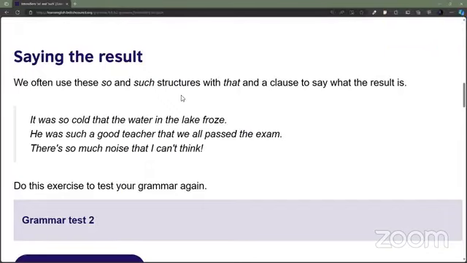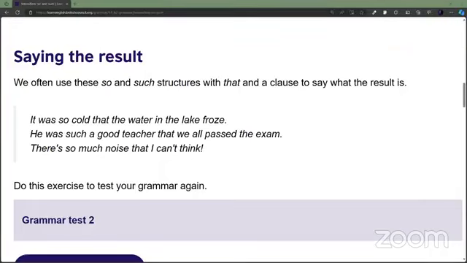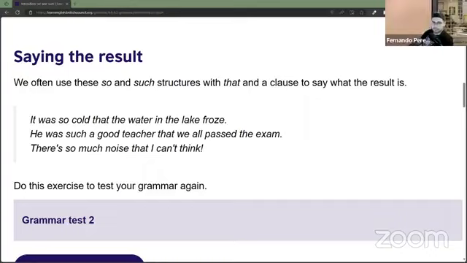It was so cold that the water in the lake froze. He was such a good teacher that we all passed the exam. There's so much noise that I can't think.